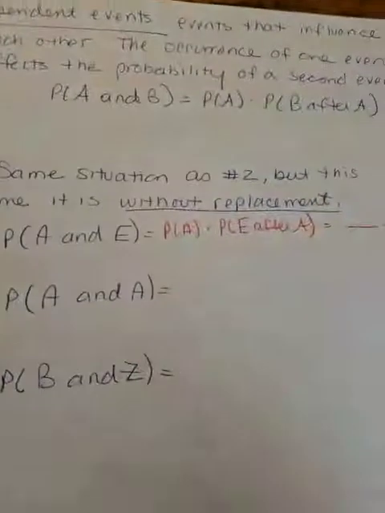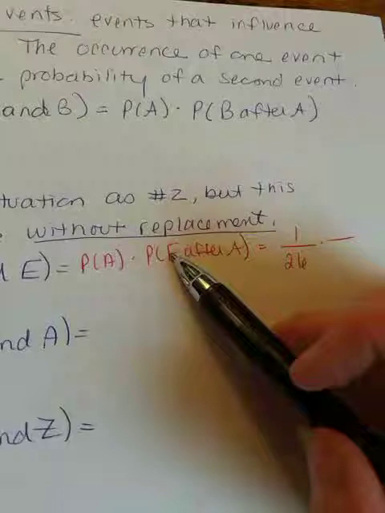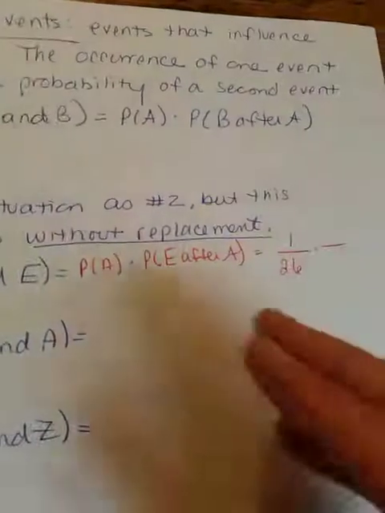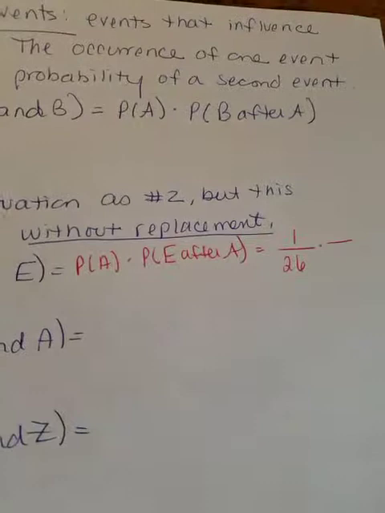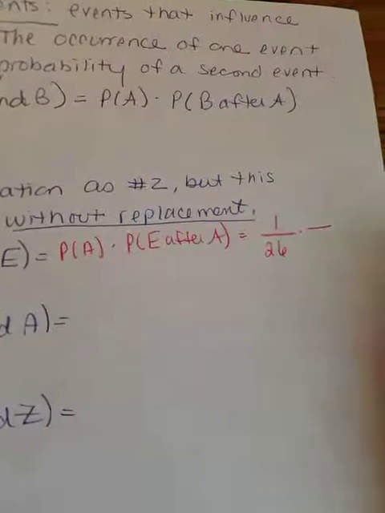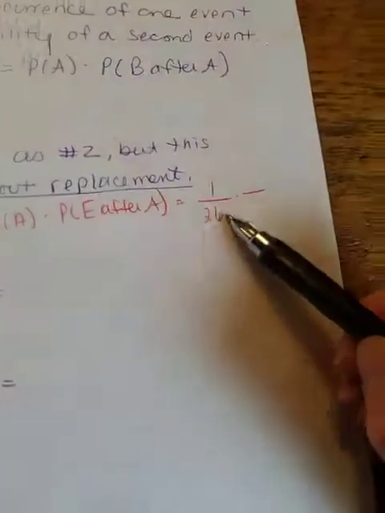Okay, so let's look at the probability of A. First choice, I go in, I take my piece of paper, only 1 out of the 26 letters has the letter A on it. But now remember, it was without replacement. So after you chose that piece of paper, you're holding on to it or putting it to the side. You're not putting it back in the bowl. So usually this is the easiest way for people to see it first.